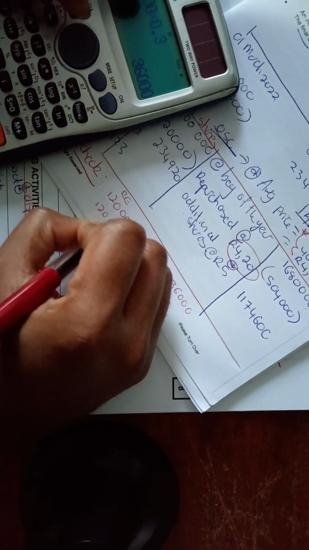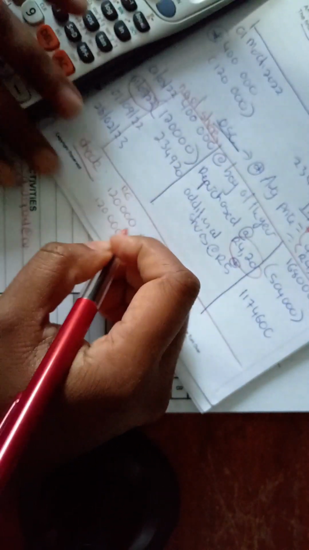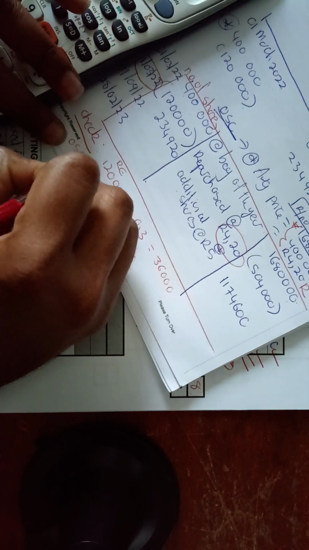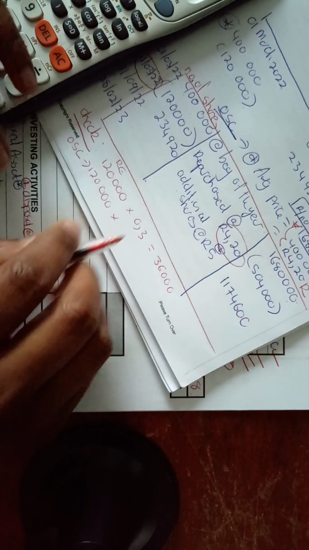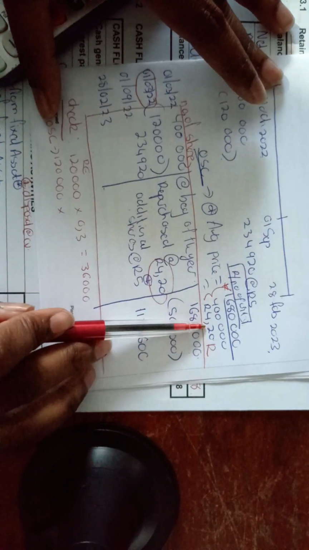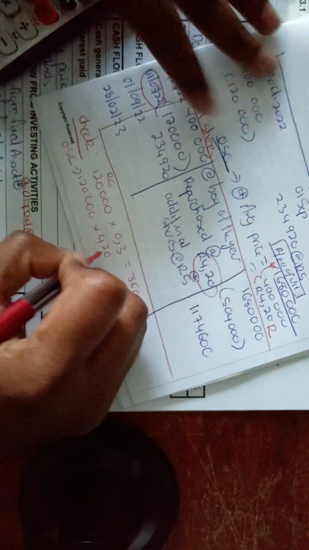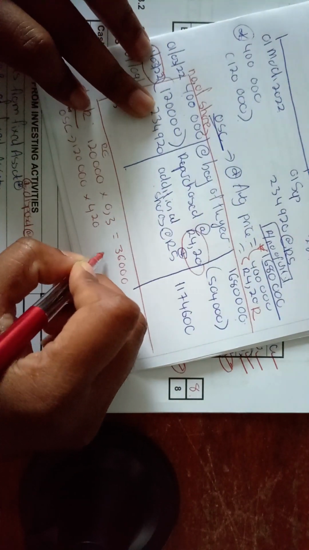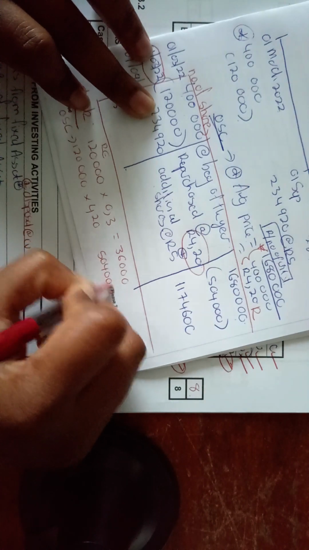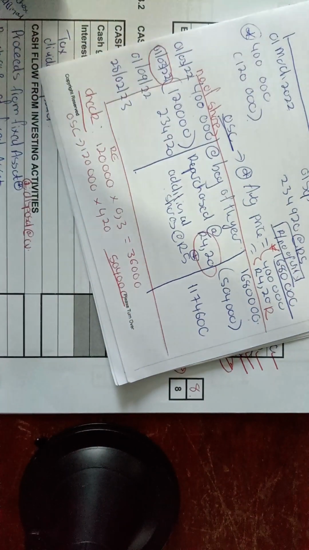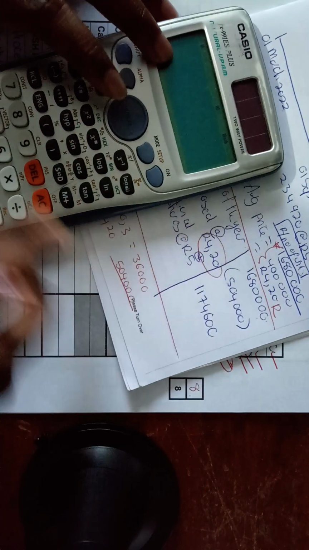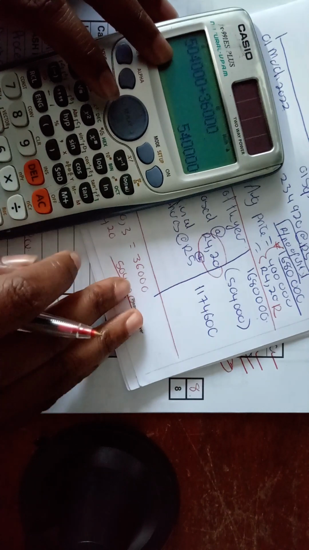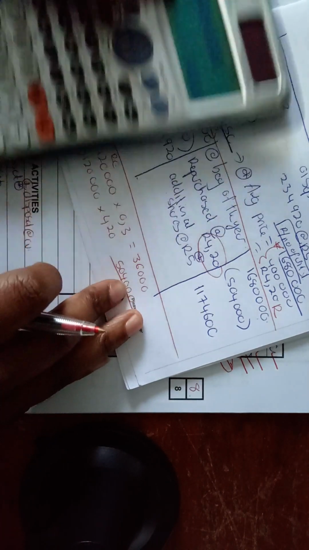And then 120,000 times, now I'm going to take the ordinary share capital amount, which is only the average price, and we worked out the average price to be 4.20, which gives 504,000. When I add these two together, 504,000 plus 36,000, I get 540,000.